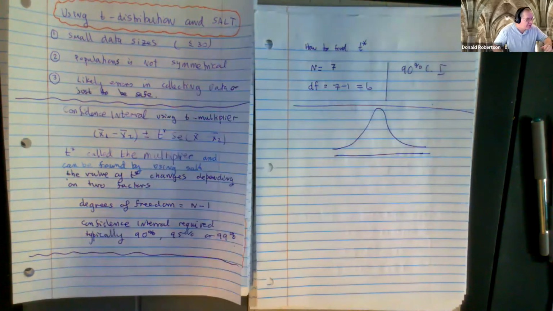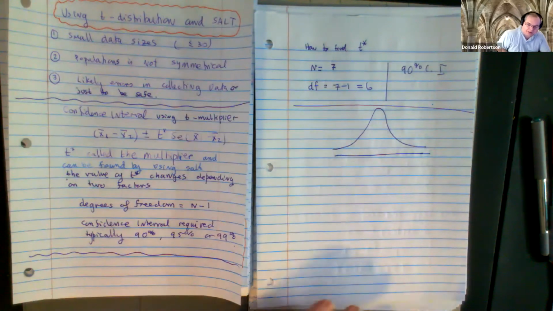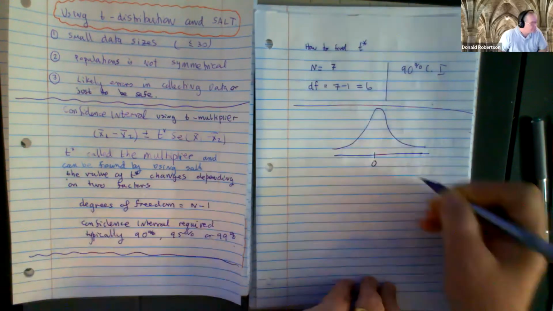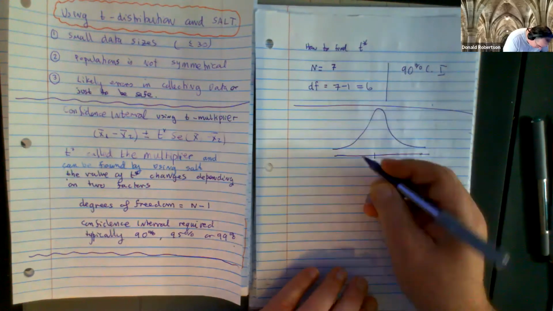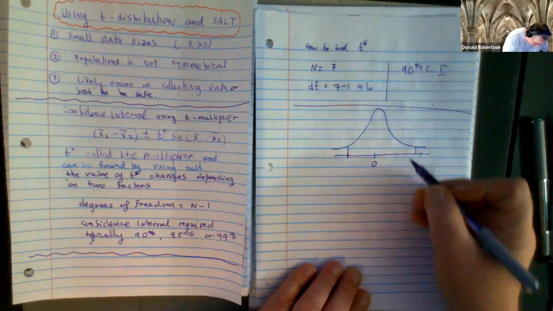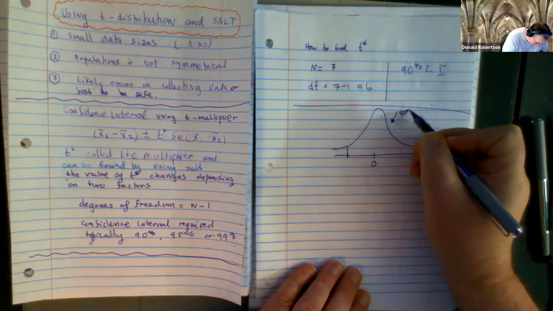It's just a bit wider and flatter, right? And the middle is 0, just like a Z-score in a normal distribution. And we want a guy such that this fella in the middle is 90%.